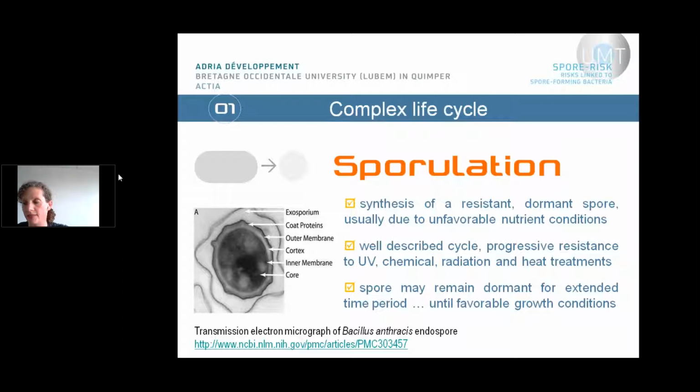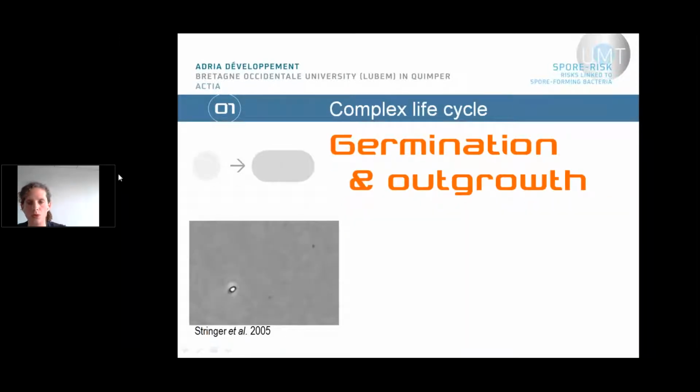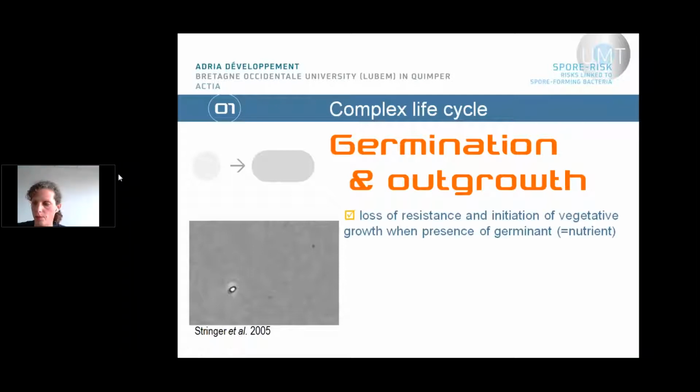And this is a strategy that Bacillus species have to escape unfavorable conditions via dormancy. So when environmental conditions are favorable for growth, you will have outgrowth and multiplication of cells.